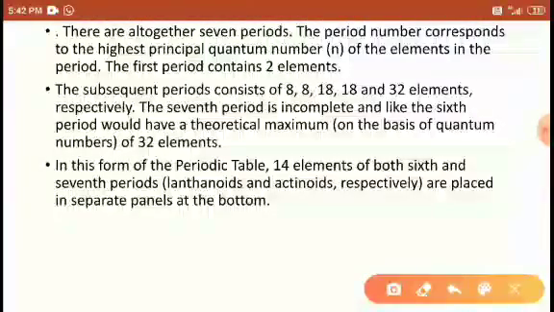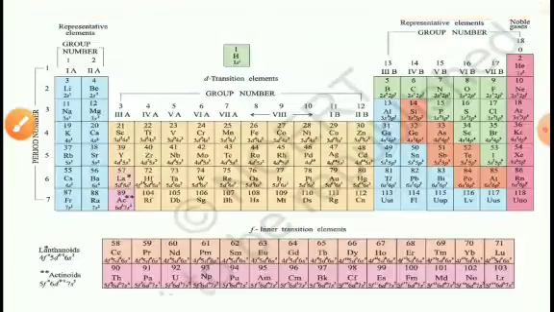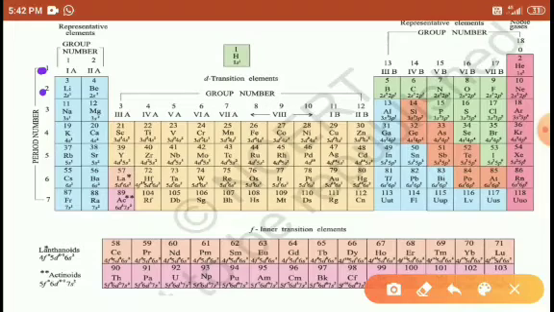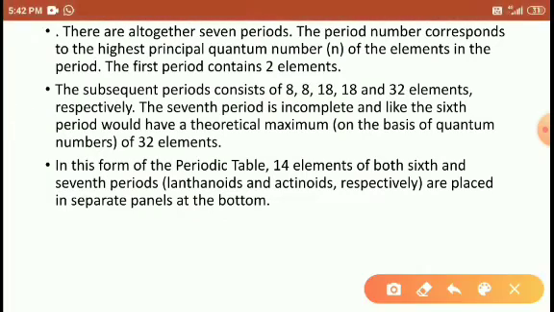So altogether there are 7 periods here, students. Look at here: 1, 2, 3, 4, 5, 6, 7. The periods are determined by the highest principal quantum number of the element.